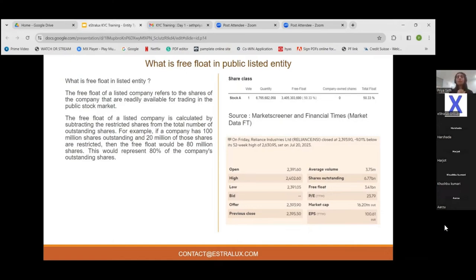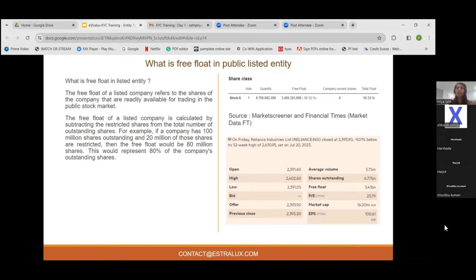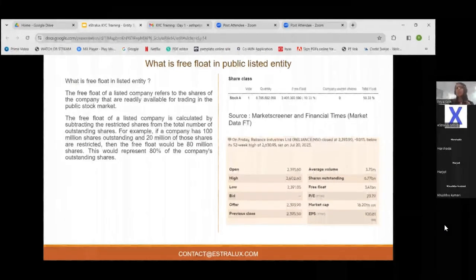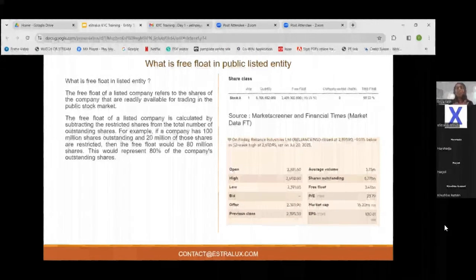For example, a company has issued 100 million shares. I've distributed my company into 100 million shares. And for a certain company, 20 million shares I cannot just trade publicly. So this is one of the clauses of a listed company, which will have certain restrictions that this amount of shares cannot go public. But the rest, 80 million shares, would be outstanding shares and will be publicly traded.